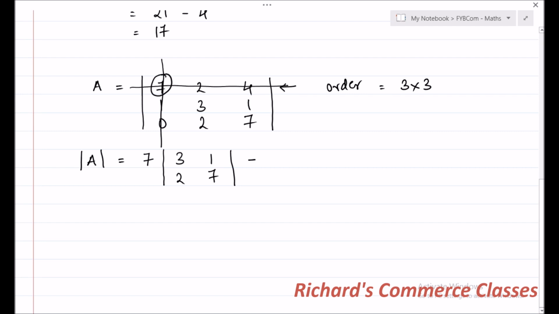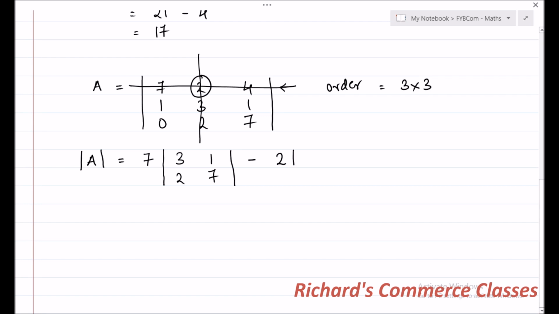Minus, let's move on to the next element in the first row, that is 2. So you write 2 and again delete the row and the column containing this 2.